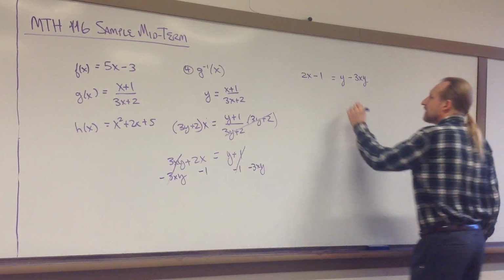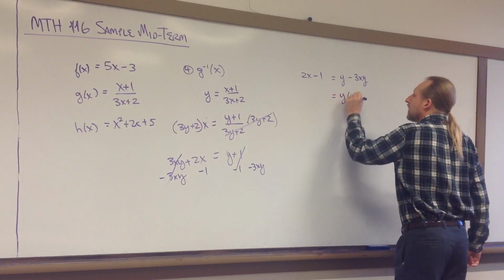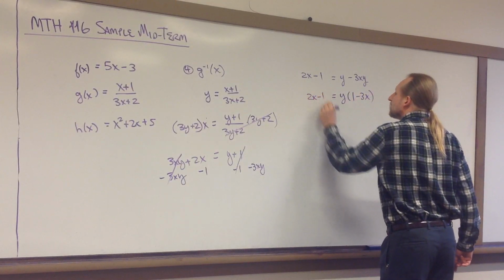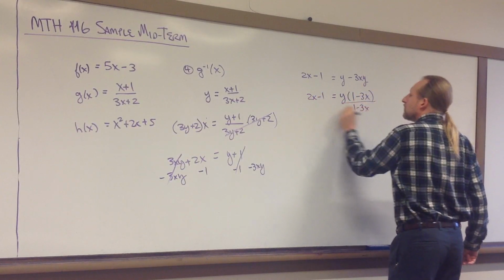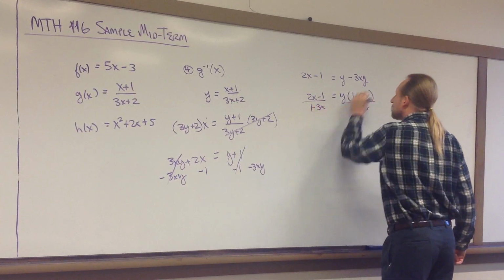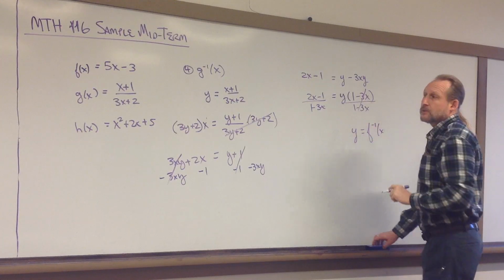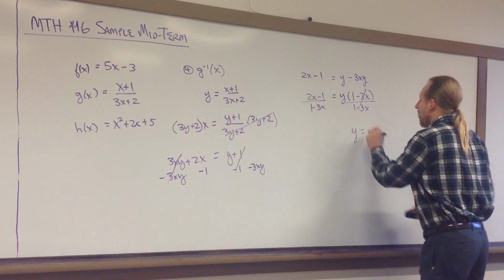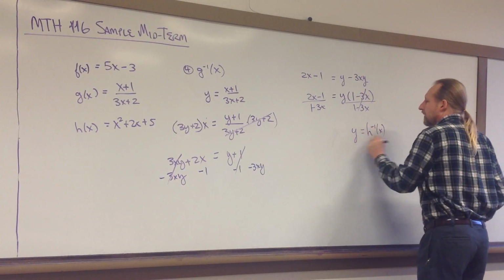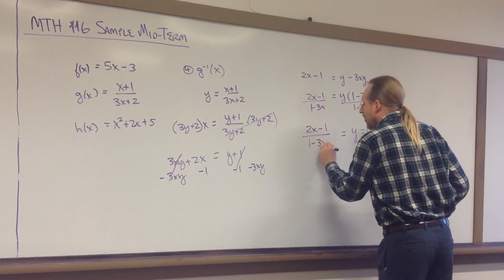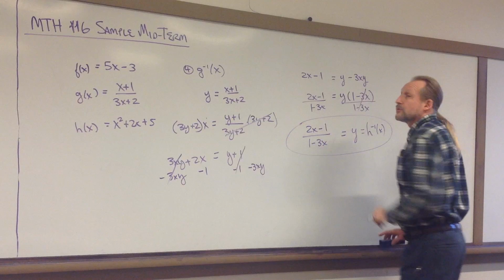And so here's the trick, right? Factor out the y, 1 minus 3x, 2x minus 1, and then divide on both sides by 1 minus 3x. So y, which is our, this is g inverse, sorry. G inverse of x is going to be 2x minus 1 over 1 minus 3x.